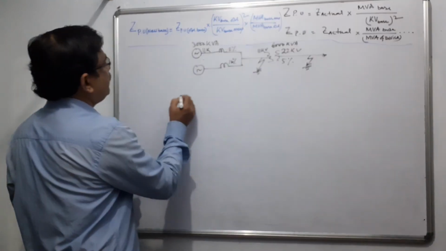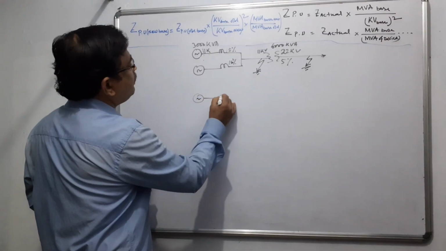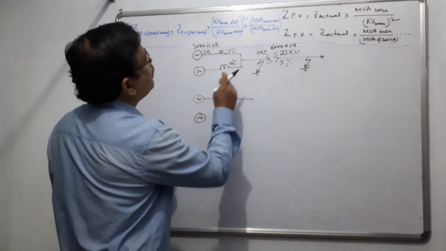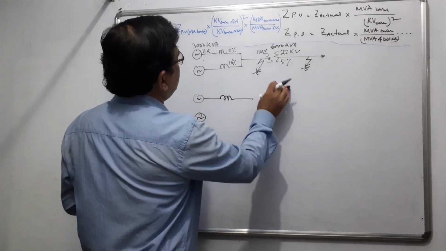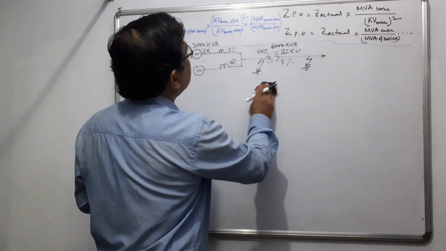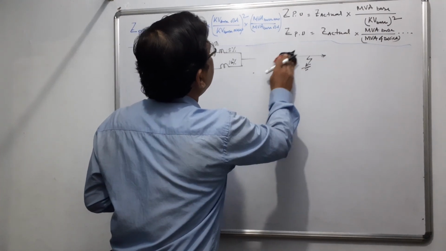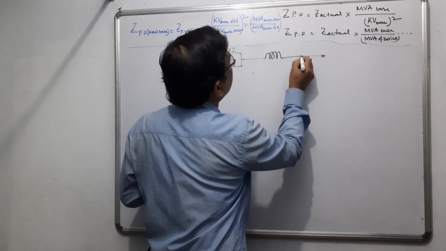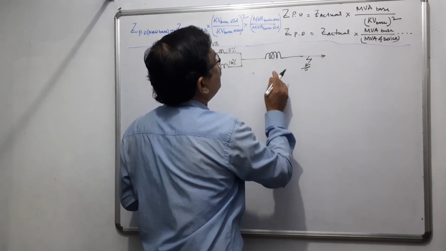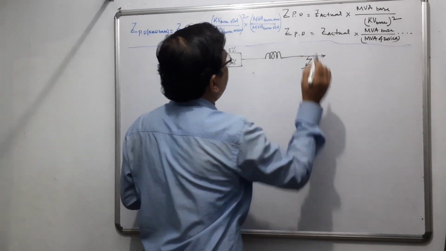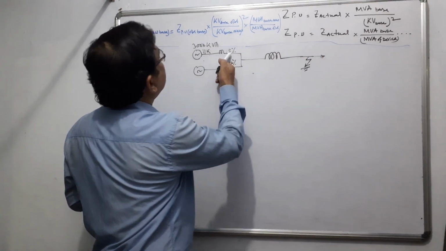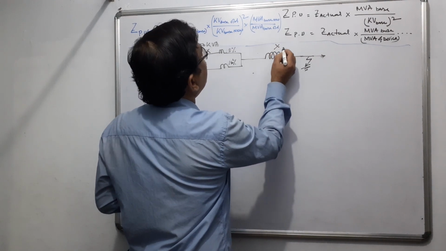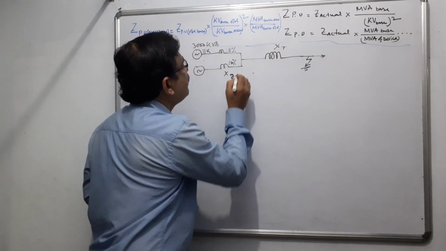So the reactance diagram will be the same like this, only the transformer will be replaced by one reactor. In the first case the fault is here. So this is the generator reactance and this is the transformer reactance, that means XT, and this is XZ.